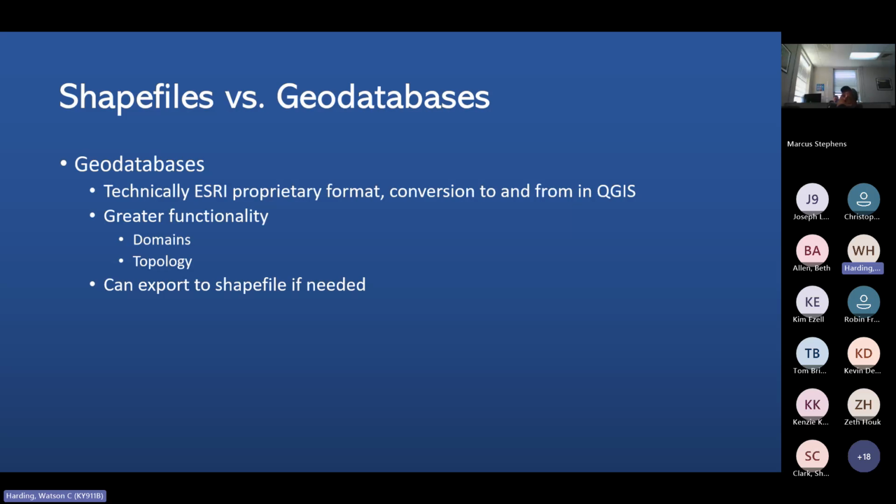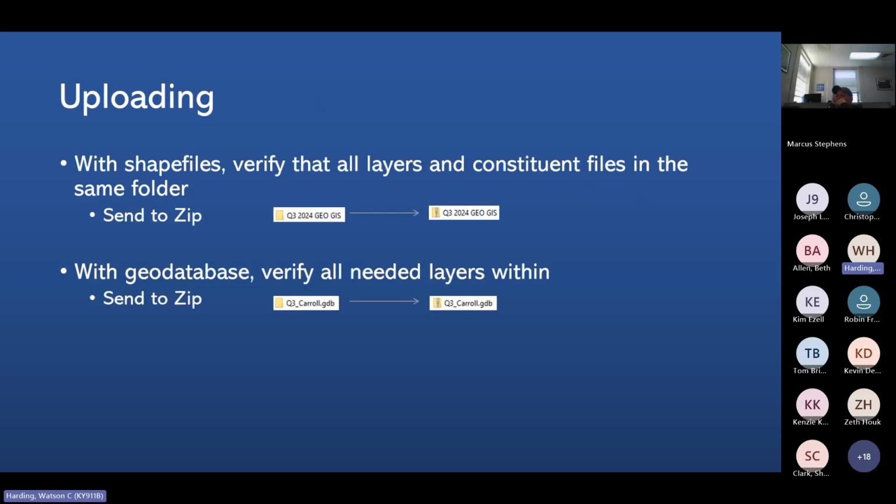When uploading to GIS Data Hub, just be aware, if you're uploading shapefiles, verify that all your layers are in the same folder, that all the constituent files are in the same folder. Just pop it into ArcGIS and make sure; it will tell you if it's missing something, because it'll pop up with that lovely error message.